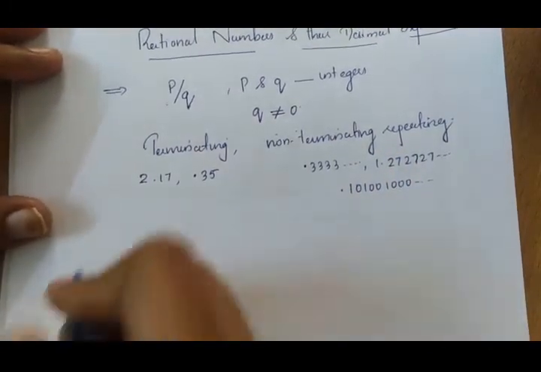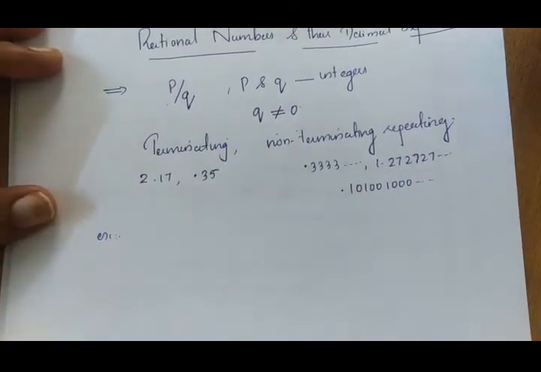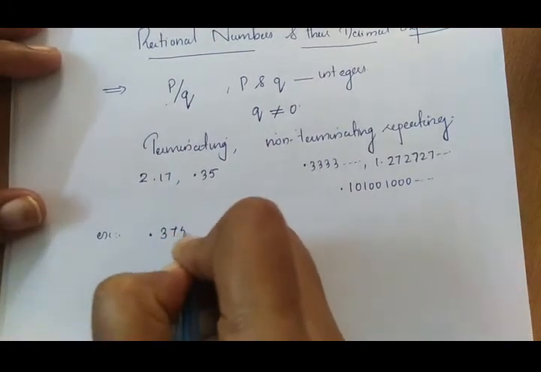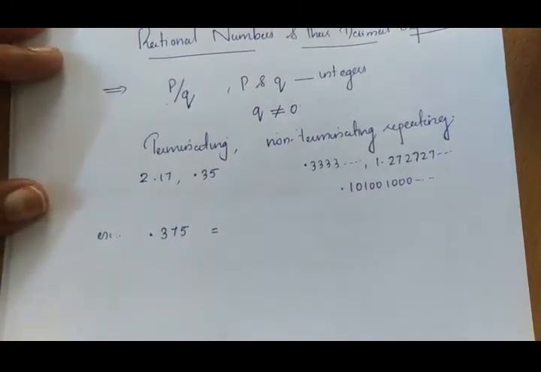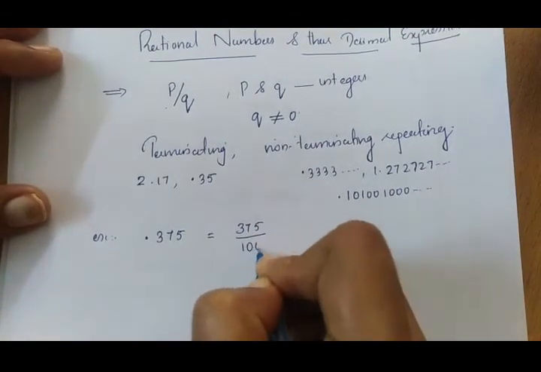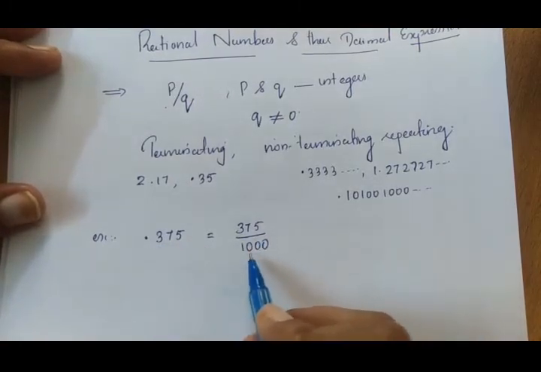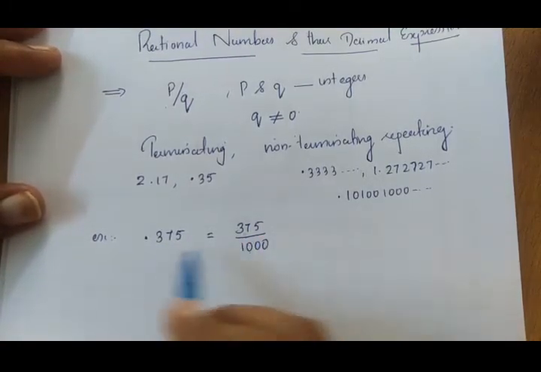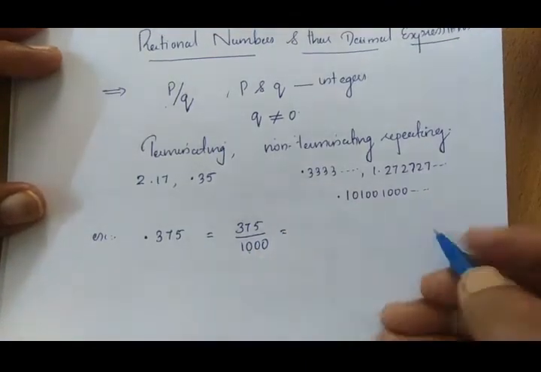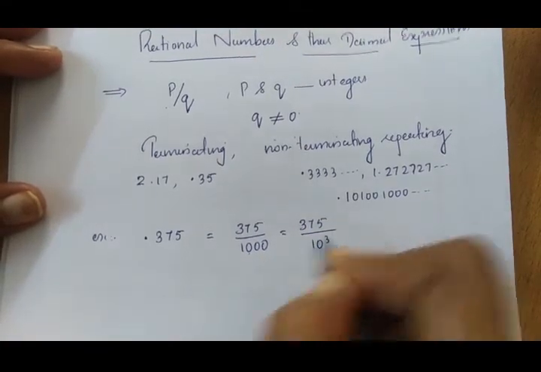Let's discuss the representation of a rational number in decimal form. Consider the example 0.375. We can rewrite the value as 375 divided by 1000. Here there are 3 decimal points, so we divide by 1000, with 3 zeros. We can rewrite it as 375 divided by 10 raised to 3.